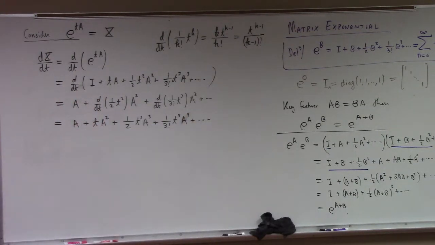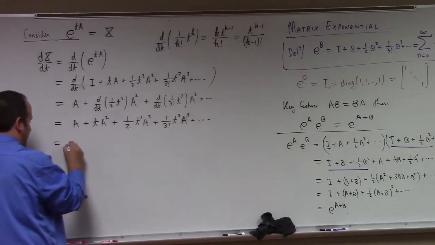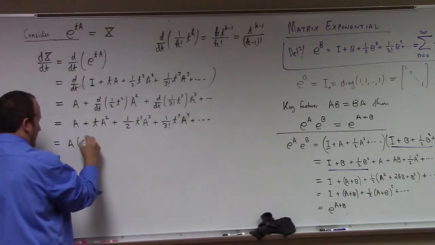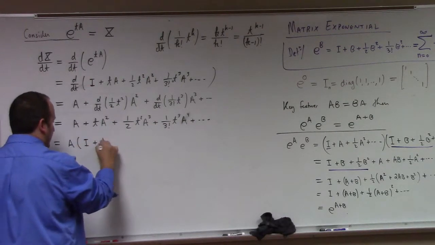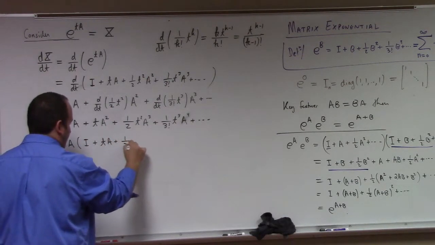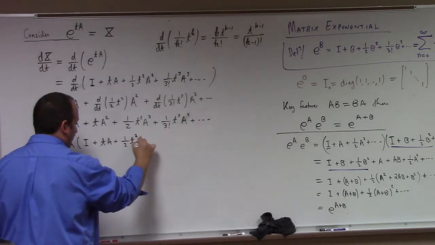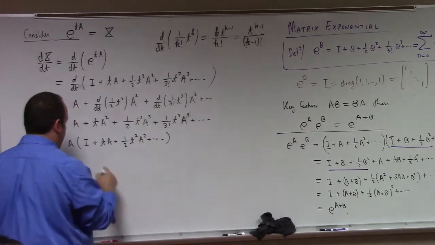Now, if you look at that, it's almost the matrix exponential again, except we've got an extra copy of A. We can either factor A out to the left or to the right. I suggest we factor A out to the left. That gives me I plus tA plus 1/2 t squared A squared. And what is this?